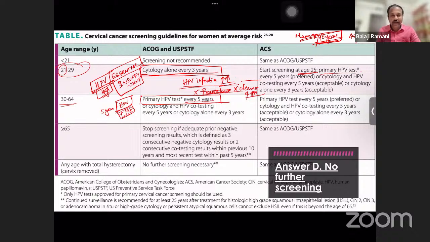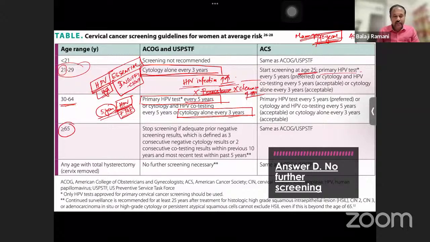On the other hand, if HPV testing is not being done, you can do cytology alone every 3 years. So either pap smear plus HPV combination once every 5 years, or HPV alone once every 5 years, or pap smear alone once every 3 years, from the age of 30 to 64 years.